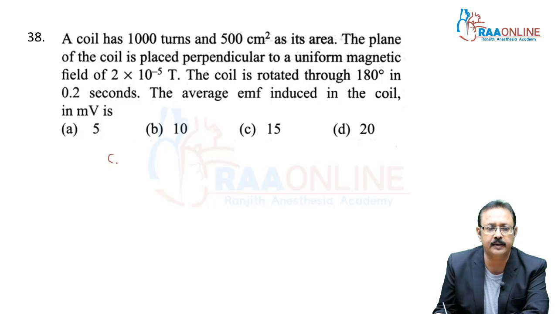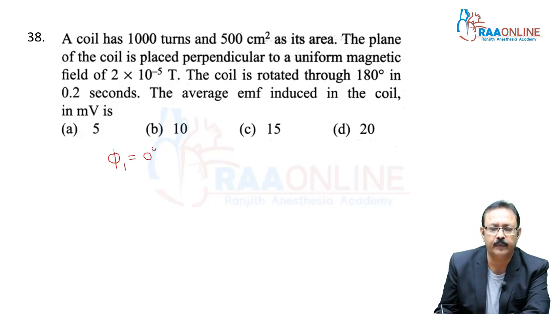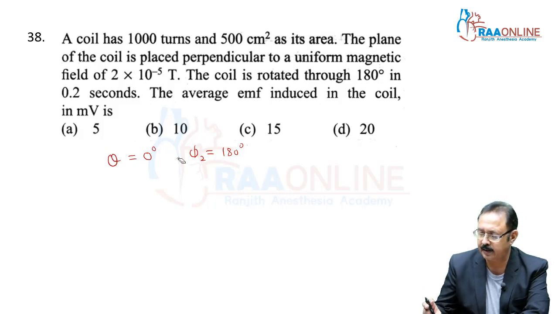Initially the coil was at 0 angle. So what was phi 1? Phi 1 was at 0 degree. What was phi 2? Rotated through 180 degree. Initial theta was 0 degree, then theta is 180 degree, theta 1, theta 2.